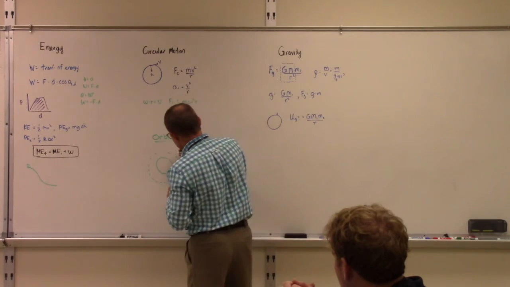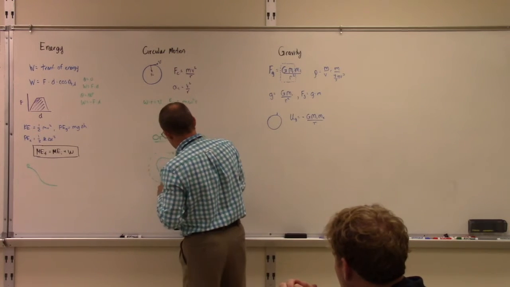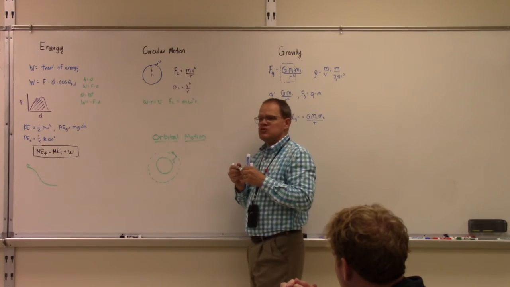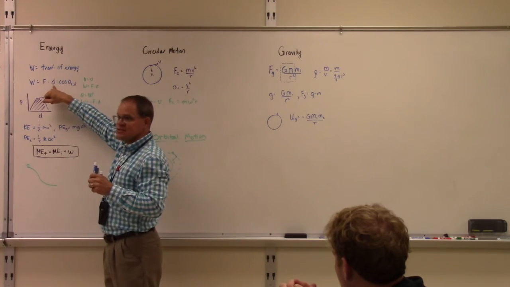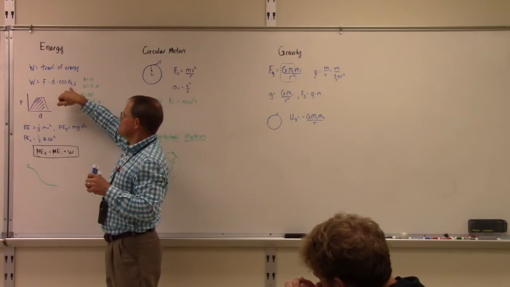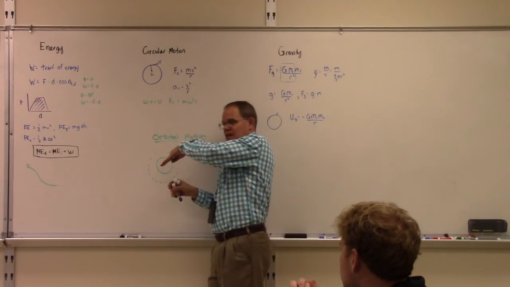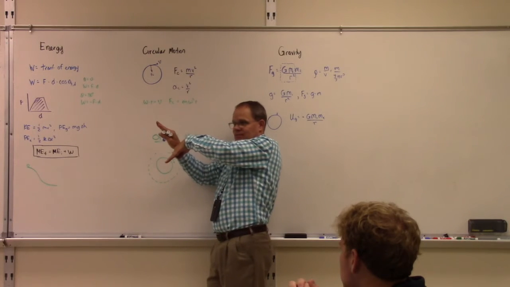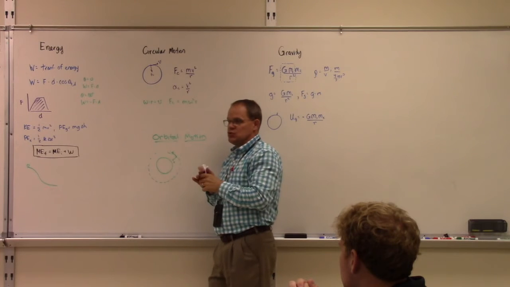What direction is the velocity? It's tangential. The velocity is going this way, the force is going that way. How much work does that force do? Well, work is force times distance times cosine of theta. What's theta? What's the angle between the force and the distance it's moving? 90. Cosine of 90 is 0.